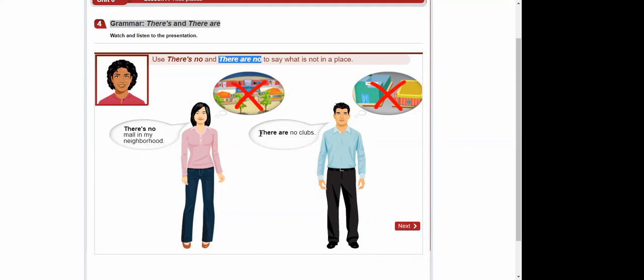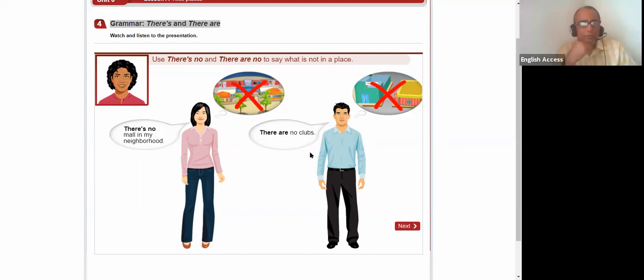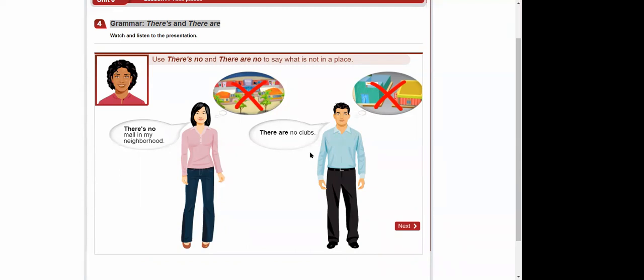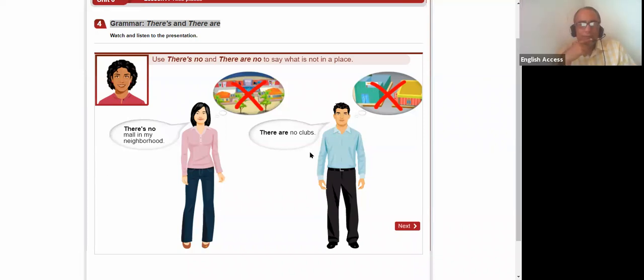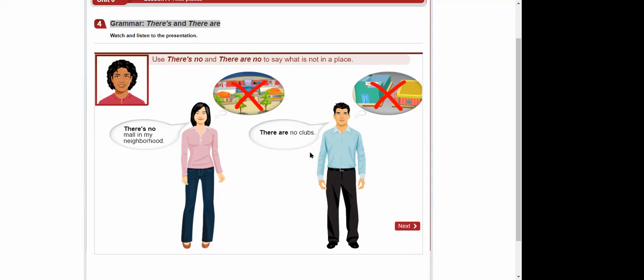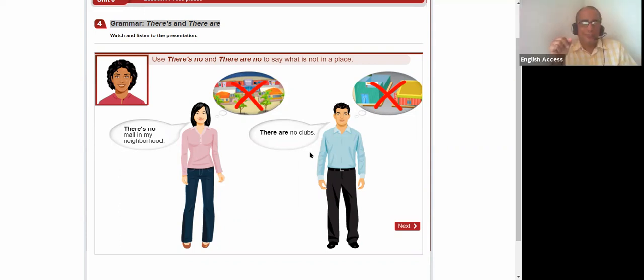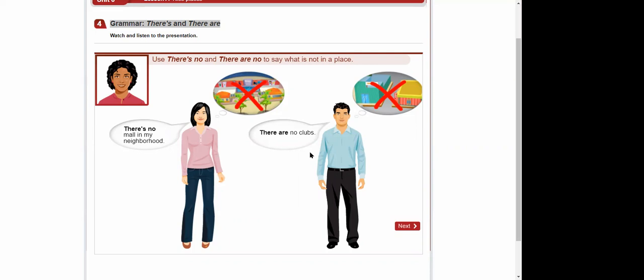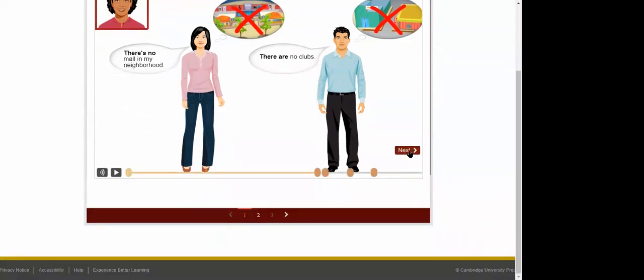There are not restaurants. Exactly. There are no restaurants. What about OXXOs? Is there an OXXO in your house or in your neighborhood? Oh, there are two. Two OXXOs. Exactly. Very good. Remember to use plural or singular.